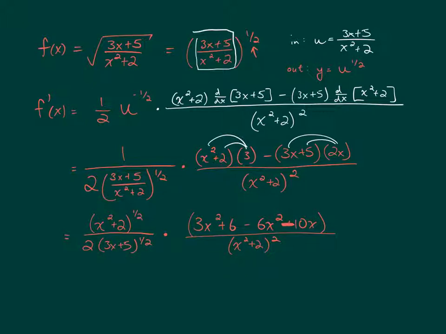And it looks like we have an x squared plus 2 to the 1/2 and an x squared plus 2 to the second power, and we can reduce away half a factor here. So this would be 3/2 left over down here.